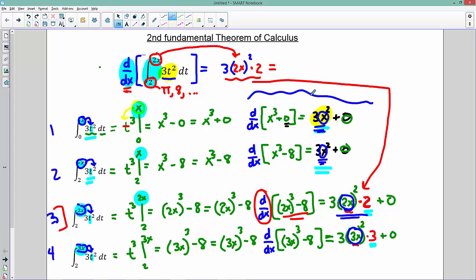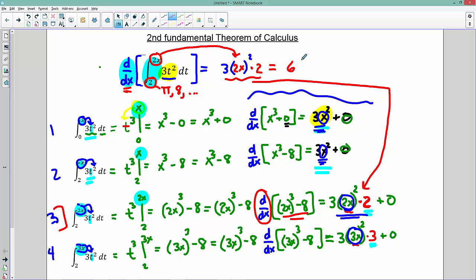And that's exactly what you get here, see? So the second fundamental theorem of calculus just says if you take the derivative of this with respect to x from a number to 2x of some function, just take that function, replace its variable, in this case t, with the 2x, and multiply by the derivative of the variable you substituted in, this 2x.